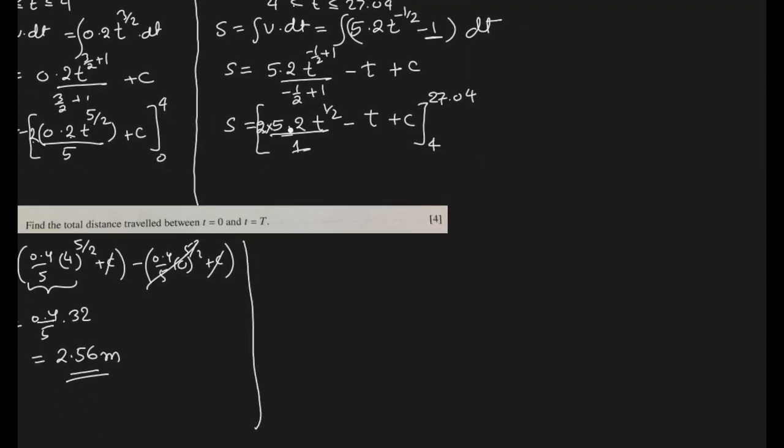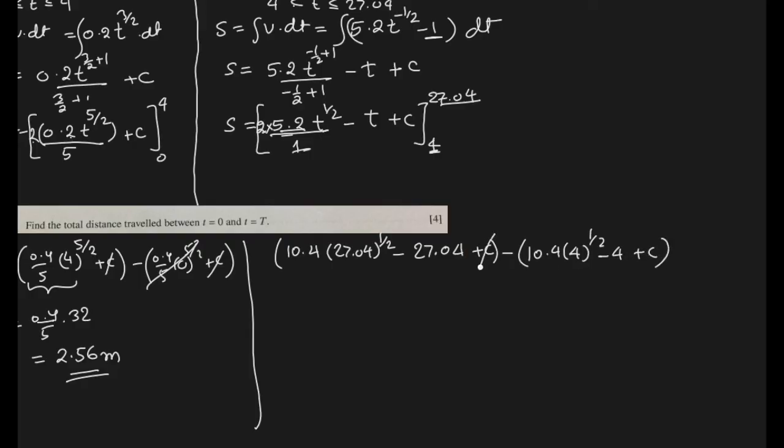So 2 times 5.2 is 10.4, t 27.04 to the power half, basically square root of this one, okay, minus 27.04 plus c, minus, we substitute 4 into this, 10.4, 4 to the power half minus 4 plus c.